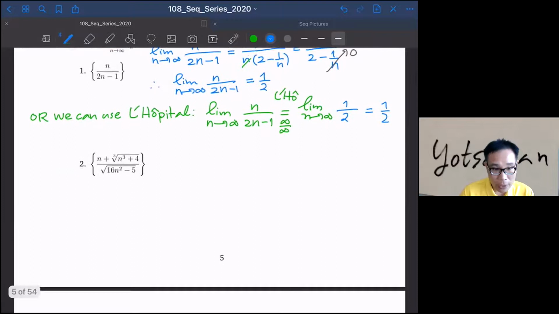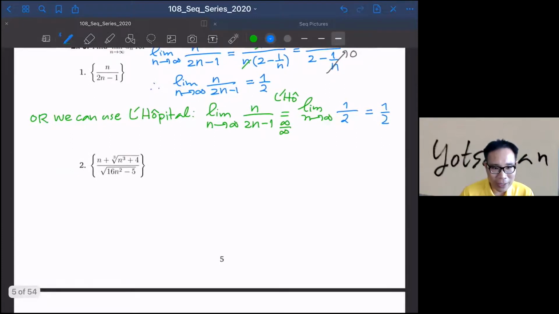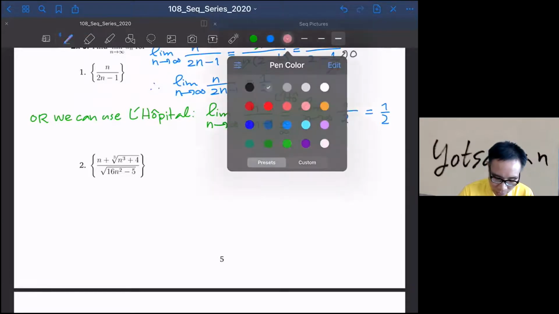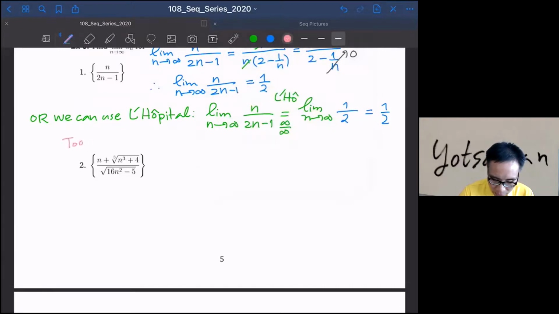The third one, you see that this one is too complicated for using L'Hopital. This guy is a little bit too complicated to differentiate, so we're going to try to simplify.